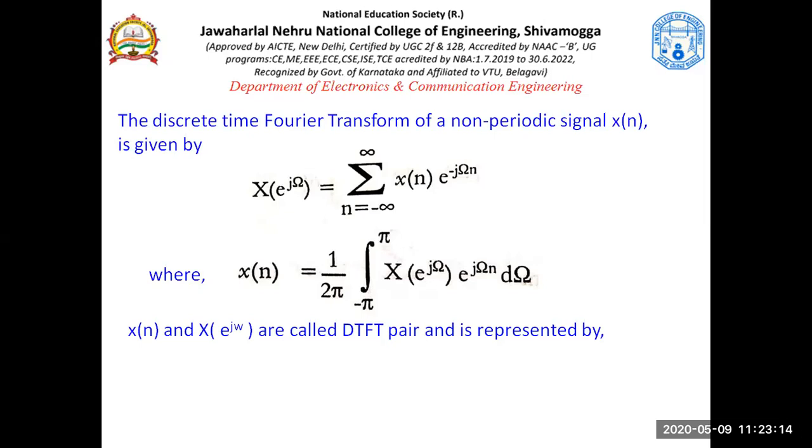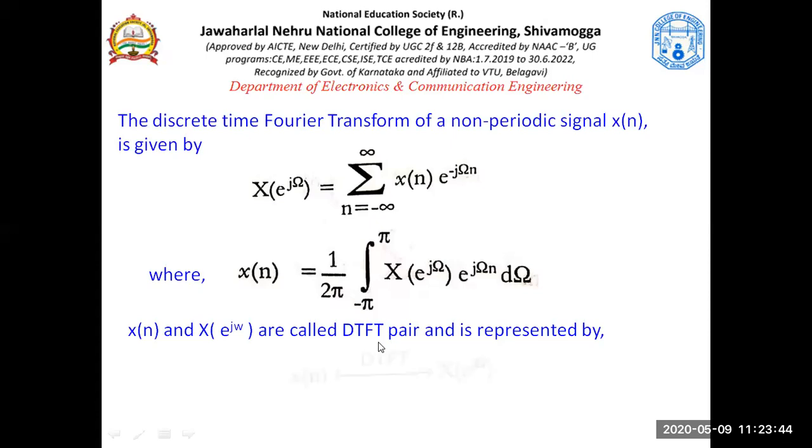That means if x of n is there, there should be the frequency domain signal X of e power j omega, and if X of e power j omega is there, there should be some way to take it into the time domain, that is x of n. That's why they are referred to as transform pairs, the DTFT pair.